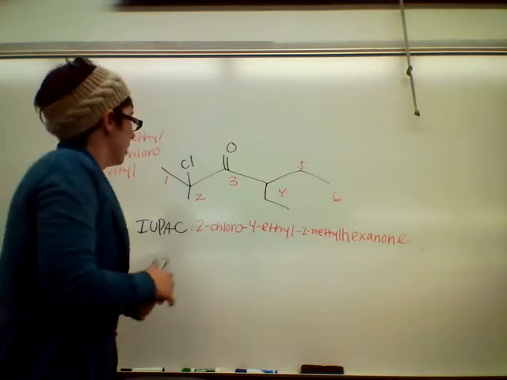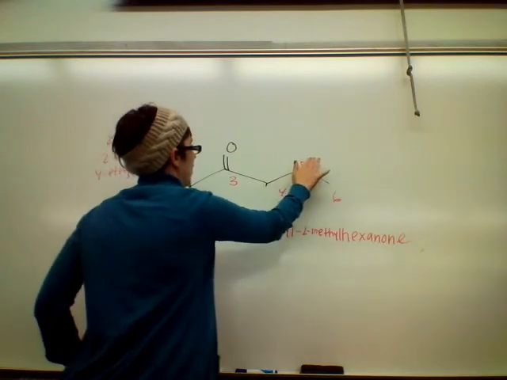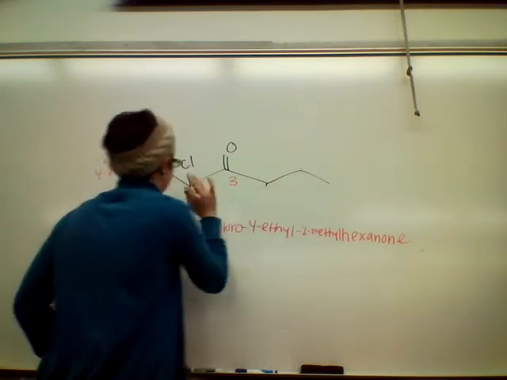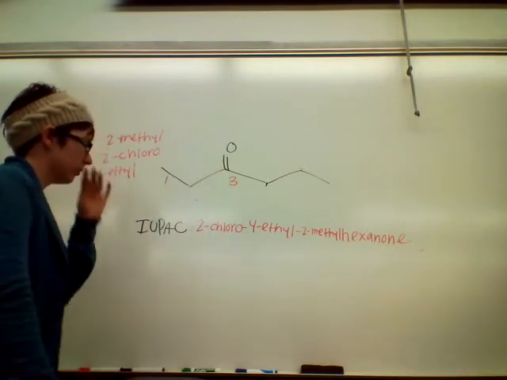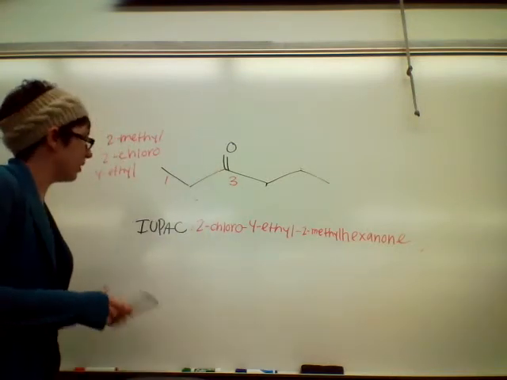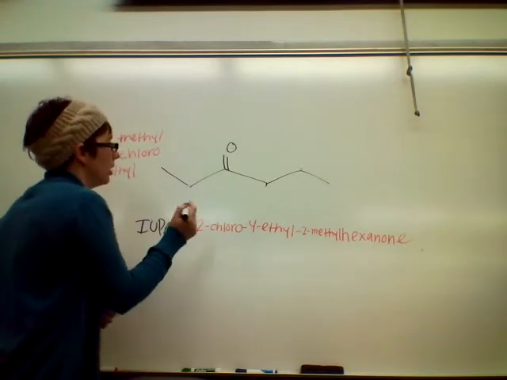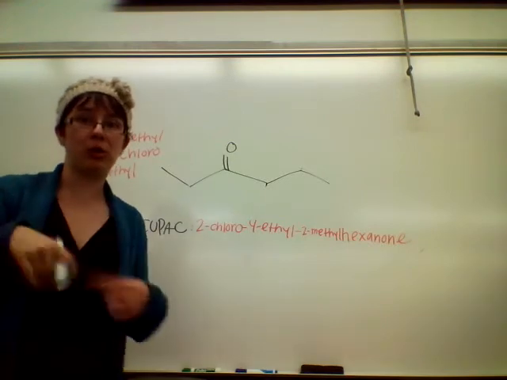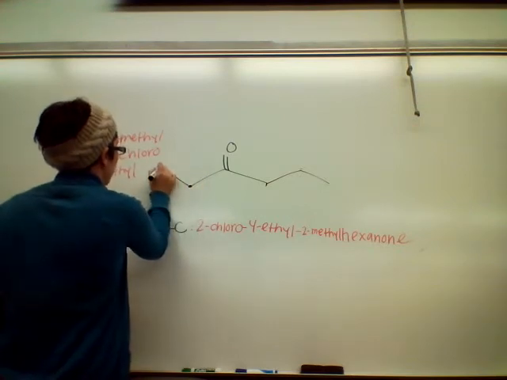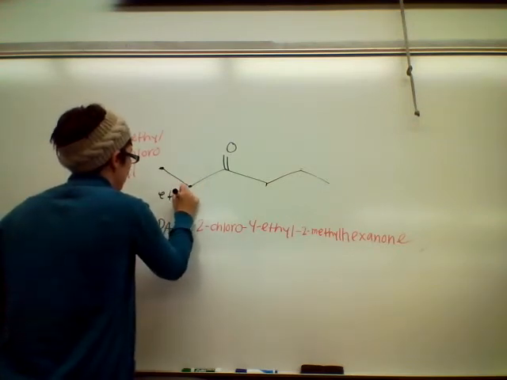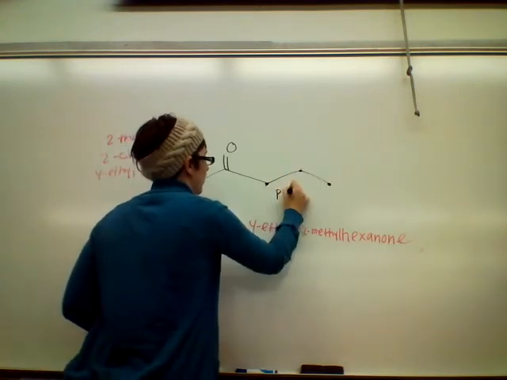In common, let's go ahead and name the common structure of this. For the common name, you would name the groups on either side of the carbonyl. You don't do longest continuous chain. You just name the groups on either side, not including the carbonyl. So we have 1, 2 carbons over here, so that's an ethyl. And we have 1, 2, 3 carbons over here, that's a propyl.